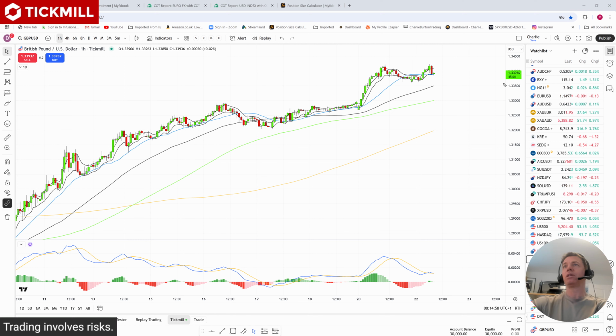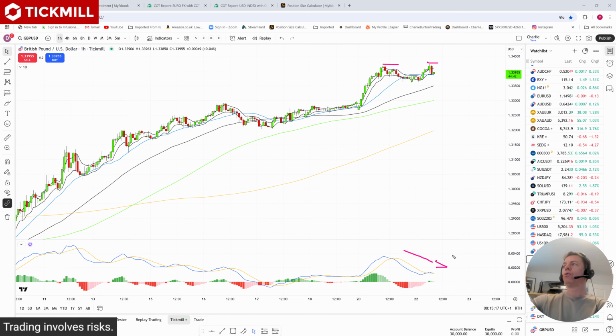Coming back over to the pound, I've just looked at a couple of the other markets and we've got similar patterns coming through, which is good. We've got a double top here on the hourly chart of the pound, and we've got a divergence in place as well.